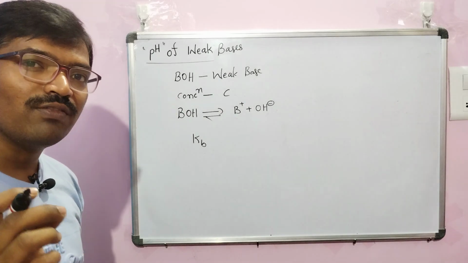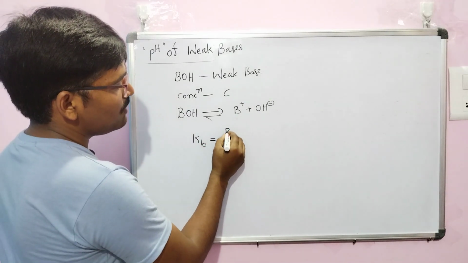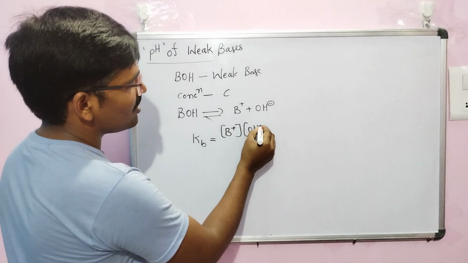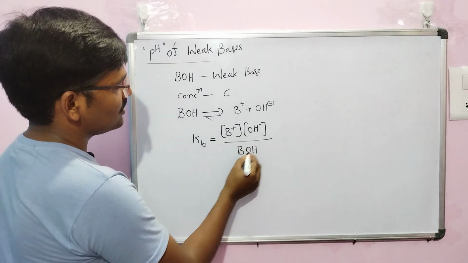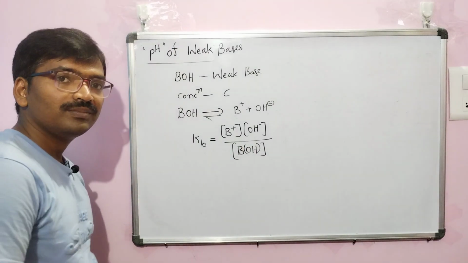The ionization constant of the weak base equals B plus concentration into OH minus ion concentration divided by BOH concentration, right?